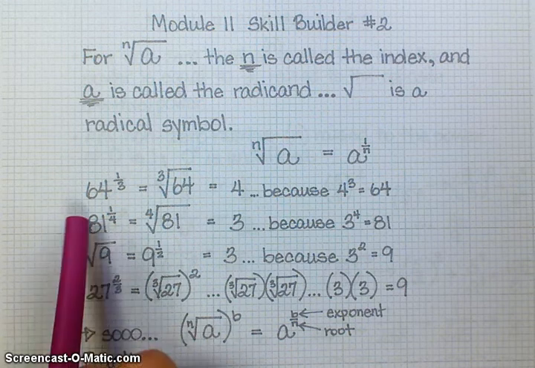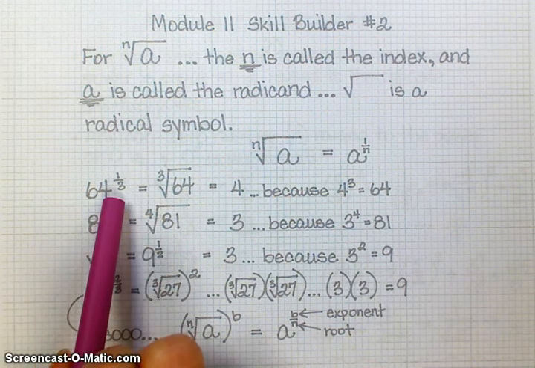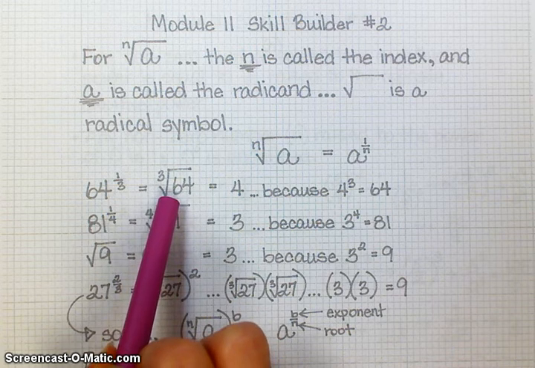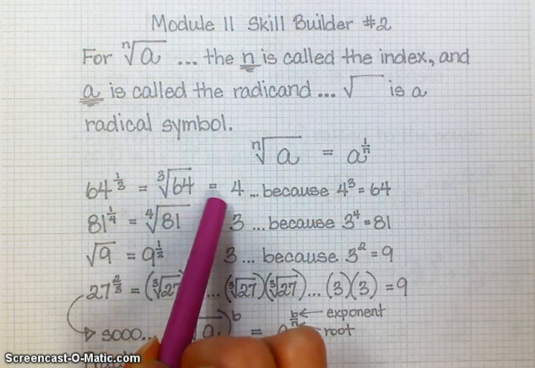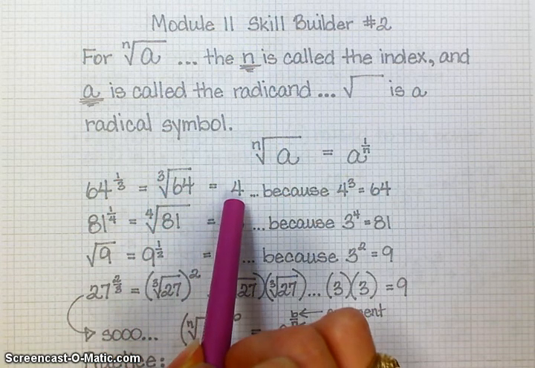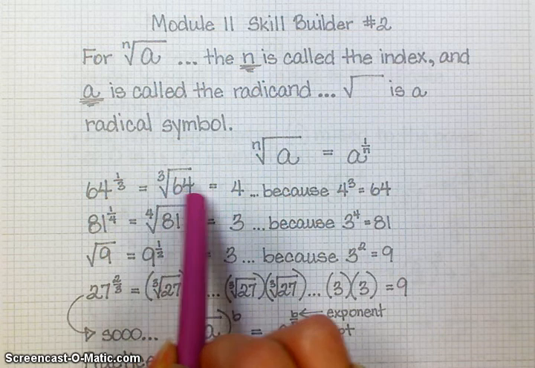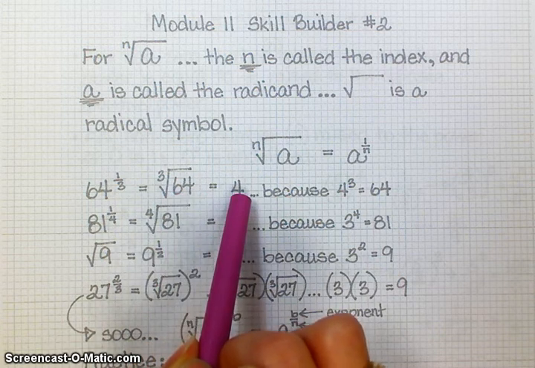So, 64 raised to the 1/3 power is just another way of me saying, give me the cube root of 64. Meaning, what number times itself 3 times gives you 64? Well, that's going to be 4. 4 times 4 times 4 gives you 64. So the cube root of 64 is 4.